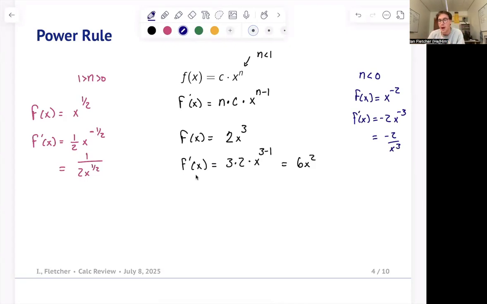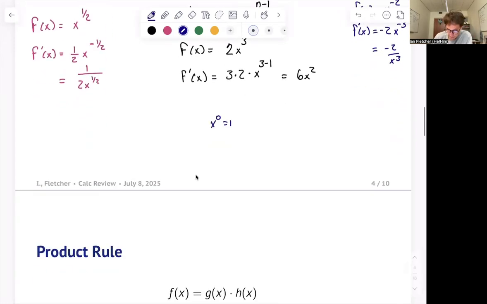So just remember that your power rule can always work as long as we have x raised to some power. It doesn't have to be positive, doesn't have to be greater than 1. It can be less than 1. It can even be negative. If it's equal to 0, we know that x raised to the 0 power should just equal 1, and so it's going to reduce to something like we had dealt with in the beginning.